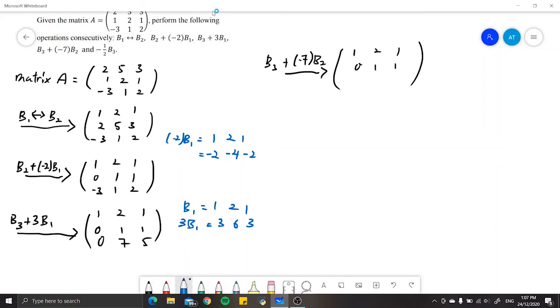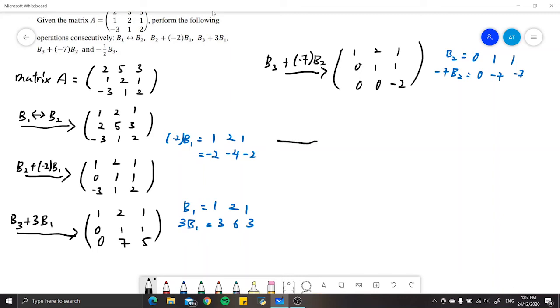R2 we have 0, 1, and 1. So negative 7R2, we will have 0, negative 7, negative 7. And then we add R3 to this negative 7R2, we'll have 0, 0, negative 2.